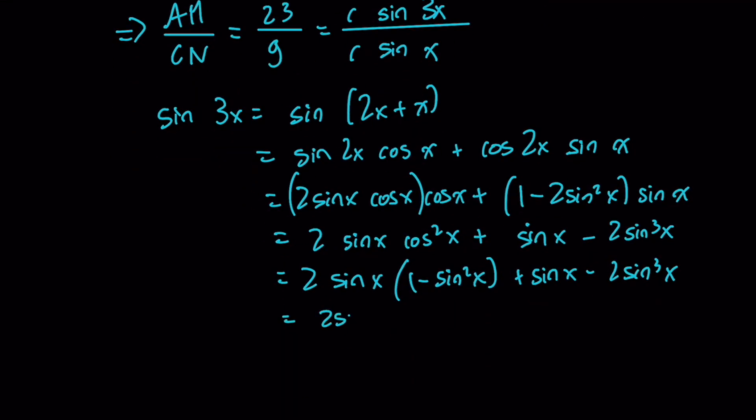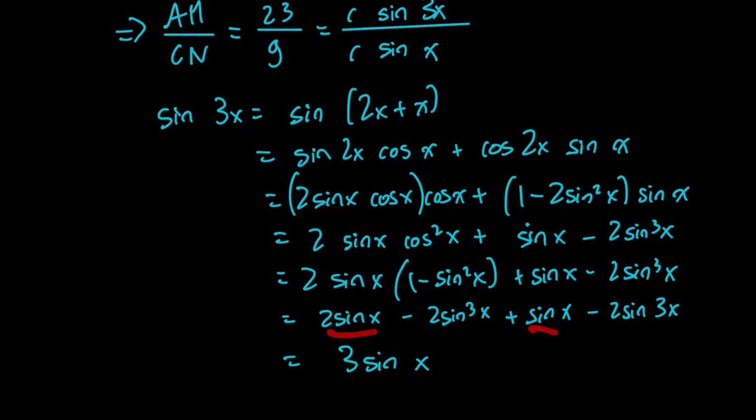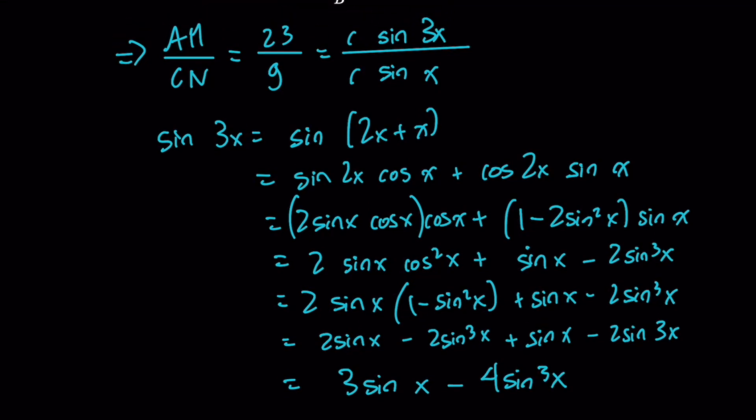This will become 2 sine x minus 2 sine cubed x plus sine x minus 2 sine cubed x, and we'll have 3 sine x minus 4 sine cubed x.